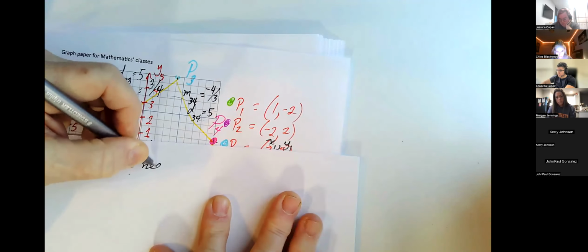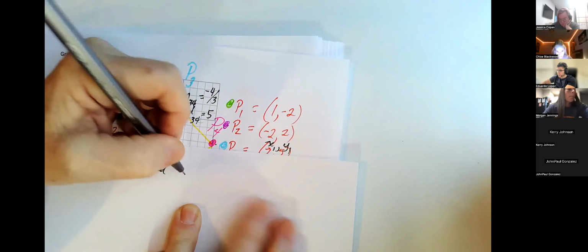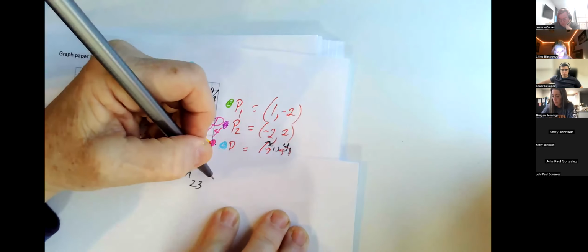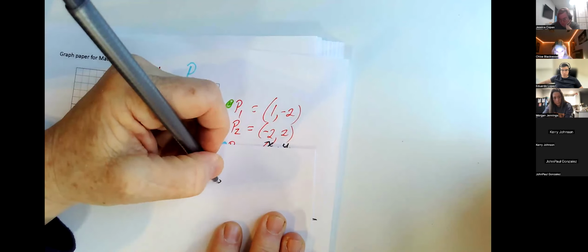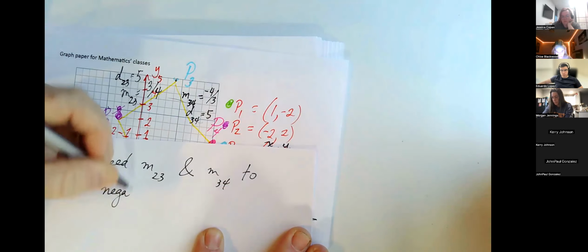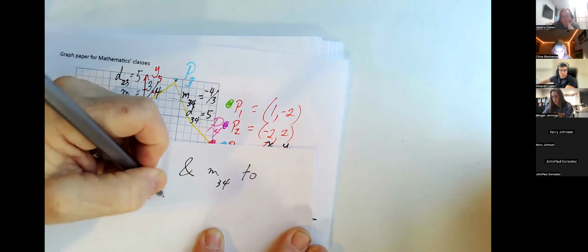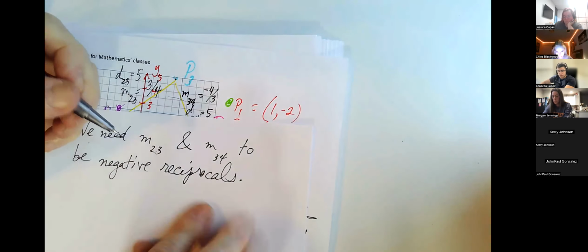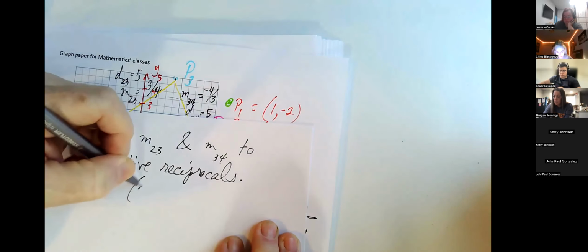So that means we need the slope of 2, 3, and the slope of 3, 4 to be opposite signs and flipped. And then another way that we can prove that two slopes are perpendicular is multiply.